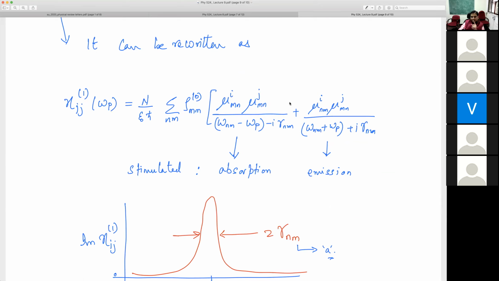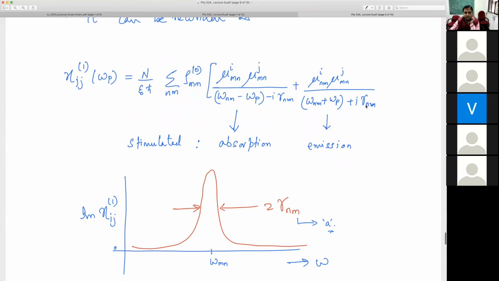The other term I can write in the same notation, and convert the minus sign into a plus sign, so there should be a bracket here. I get these two terms, where I have this optical matrix element product at the top, even for a first order, one photon process, and I'll have an omega nm minus omega p plus i gamma nm term, and an omega nm plus omega p plus i gamma nm term.